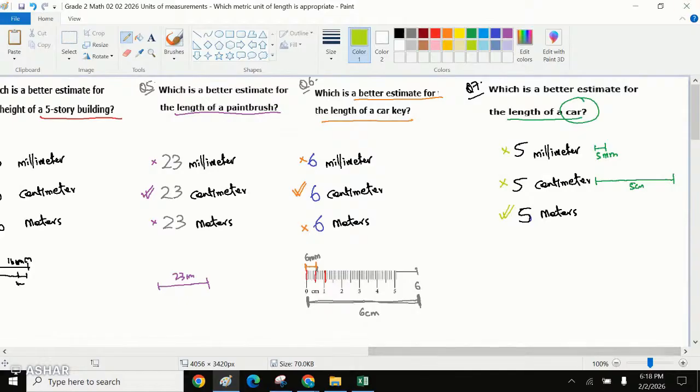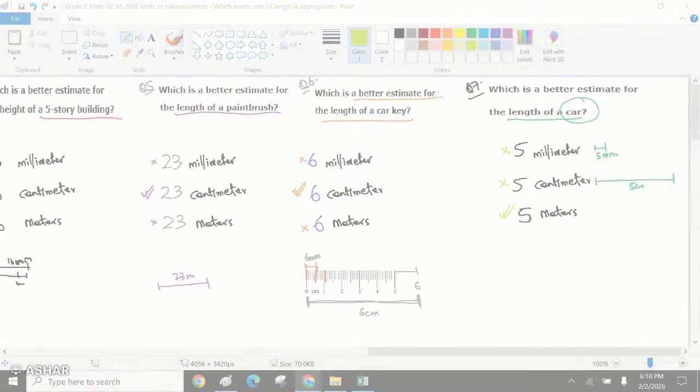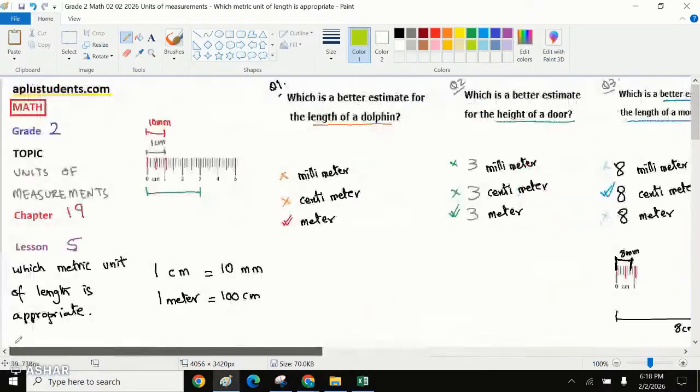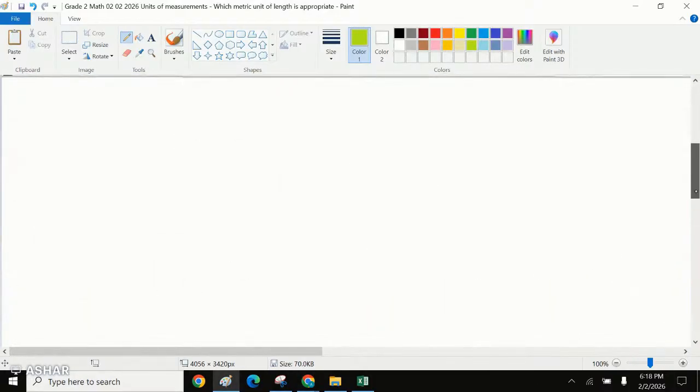Let me get the next question. The next question says, okay, which is a better estimate for the length of a parking space, right? If we need to park a car, the space has to be bigger than the car, right? This parking space cannot be smaller than the car. So if we are given these, and let's see if this is our question number 7.